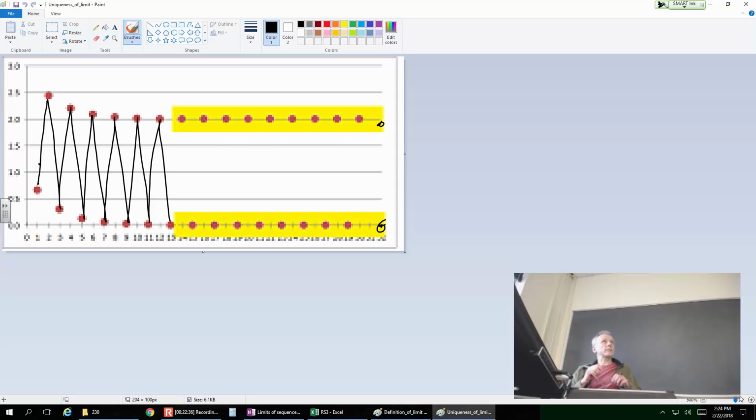Right, but the definition asks for one band, and two bands won't do it. You can see it accumulates towards two values, but in reality it actually oscillates between the two values, which means that there is really no accumulation.